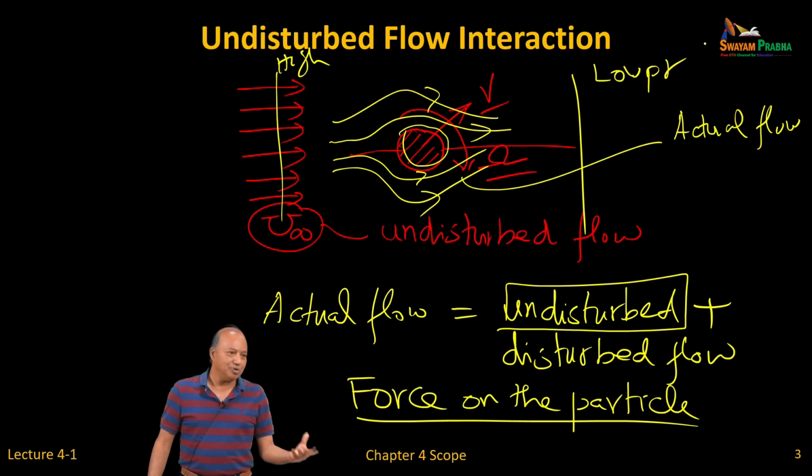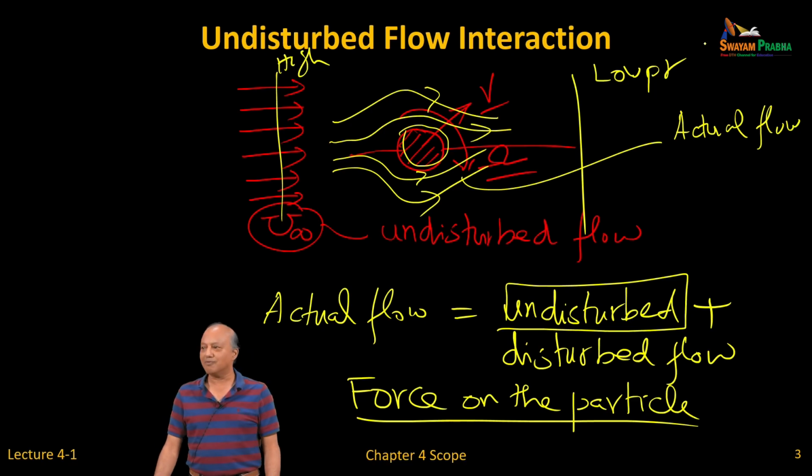In a uniform flow they are zero, but if the undisturbed flow is more complicated, like a turbulent flow or something, even without the particle, in the region occupied by the particle, fluid stress may not be zero, and if you integrate it, there will be a force, and that is called undisturbed flow force.